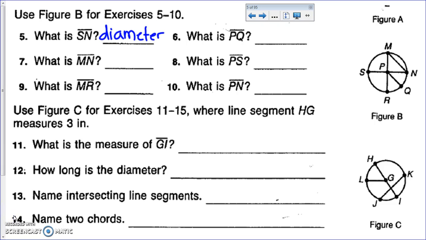We know P is our center point, and Q is on the circle, so we have a radius. Seven is MN. We know MN has 2 points, both endpoints on the circle, so it's a chord.